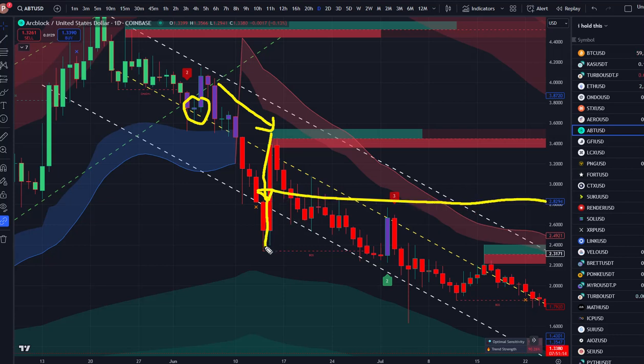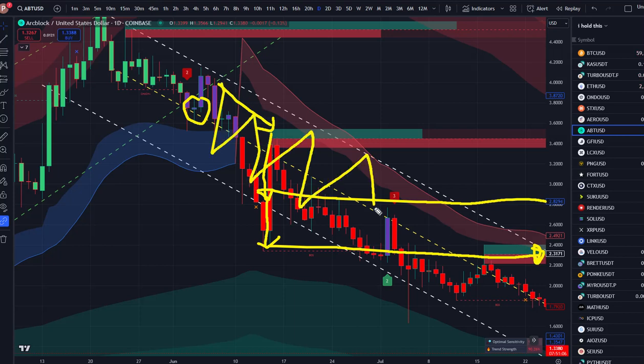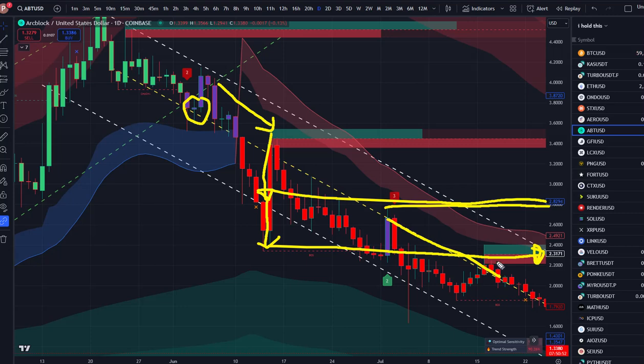ABT wicks down. Now ABT is at 240. So you had all this time to let it go, but you didn't, right? So it's on a downtrend. ABT then works itself and goes to 280. And then ABT continues on its descending pattern.